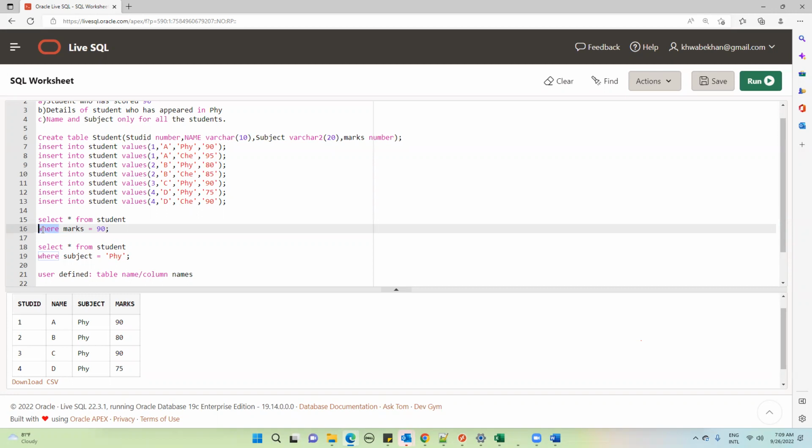The moment you write WHERE, the SQL engine will understand that this has some special meaning. So these are the reserved keywords. You should not use them to assign your table name or column name. You cannot create a table with the name where. You cannot create a column with the name where. You have to be careful. Okay, is that fine?